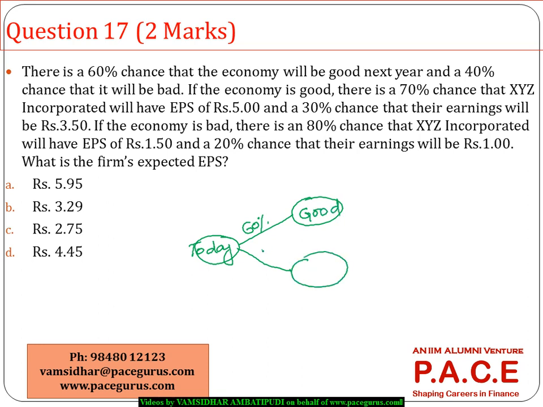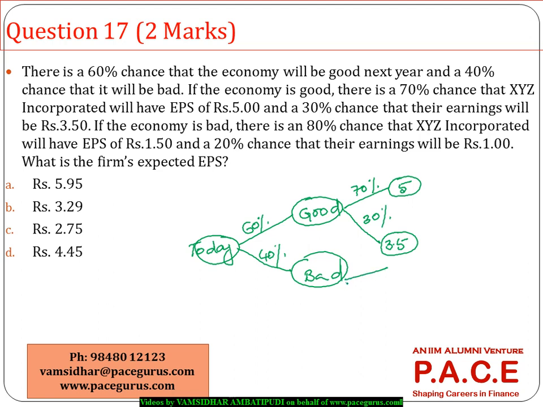And 40% chance that it will be bad. Then, if the economy is good, there is a 70% chance that XYZ will have an EPS of 5 and a 30% chance that their EPS will be 3.5.